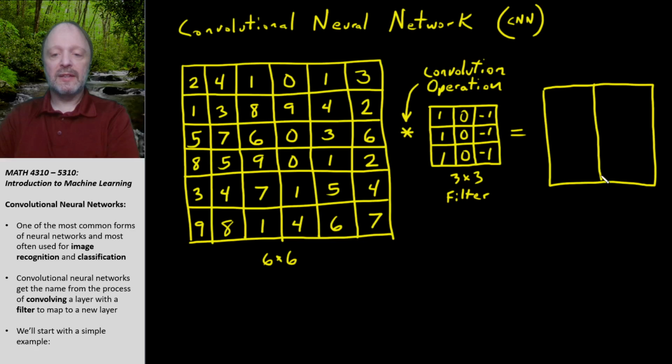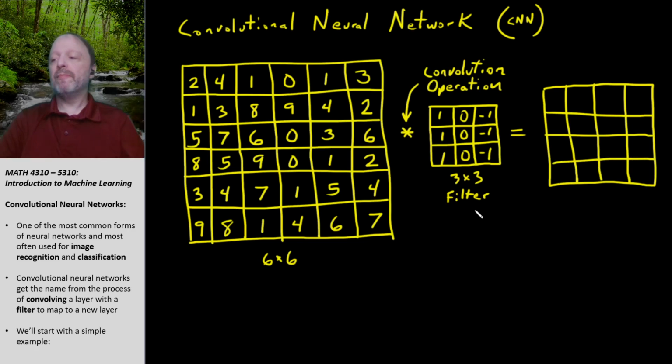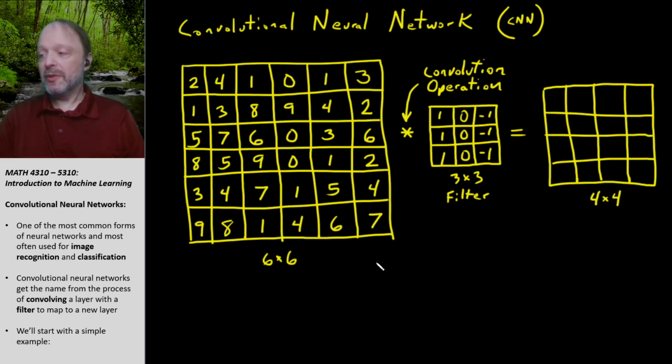Let me get that ready to go. All right, not too bad. So this is a 4 by 4. Now, this is how it's set up. We're going to start with this as our sample example, and let's see what we get.